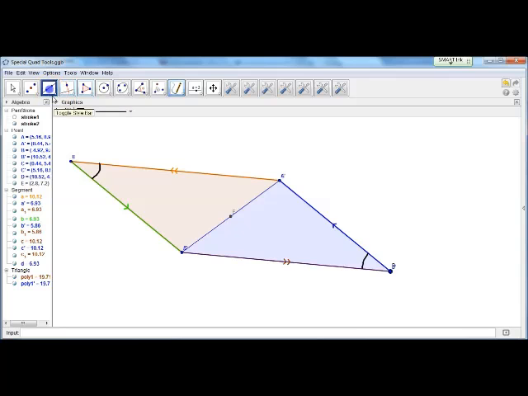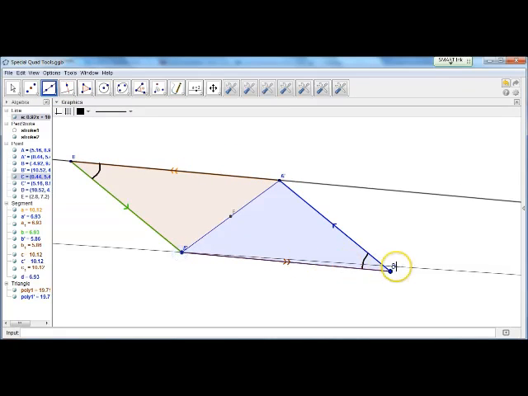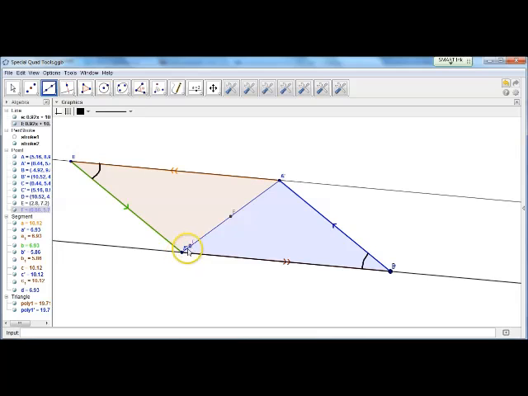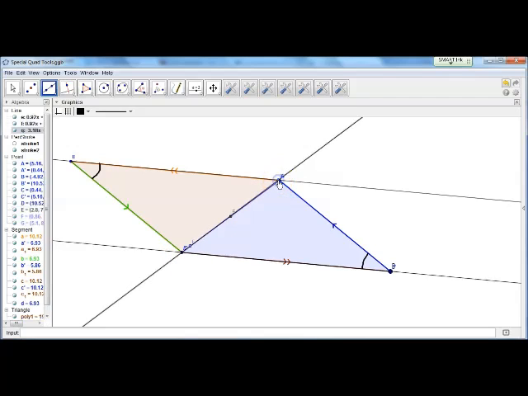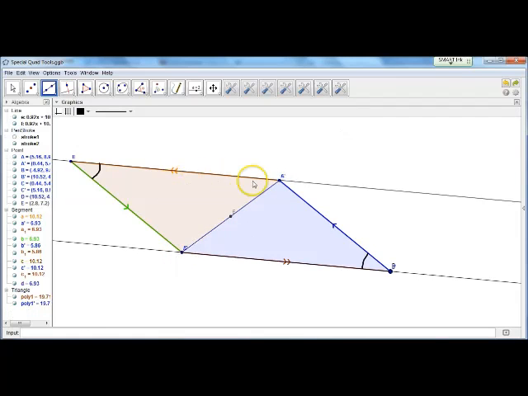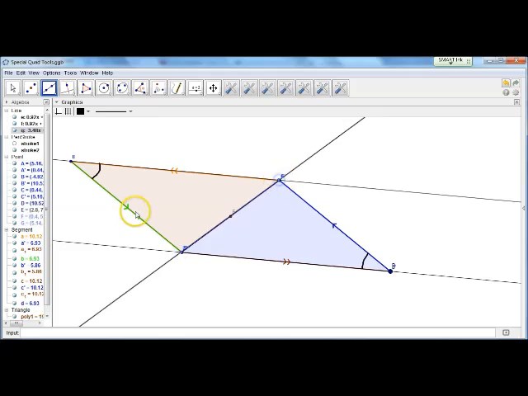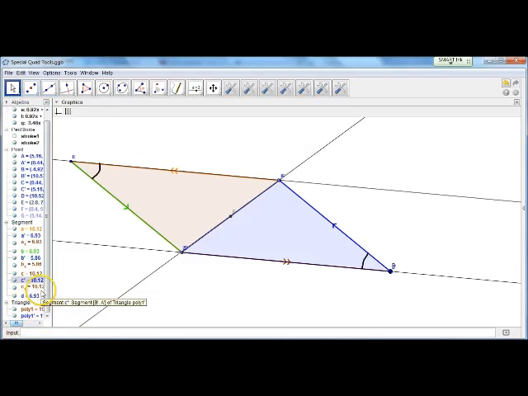Let's use the fact that in a parallelogram, opposite sides are parallel, right? So these are parallel to each other. And here's a transversal. Oops, looks like I missed something. Okay, there's our transversal, right? So I'm going to even hide my polygons here. So we have two parallel sides in a transversal relationship.